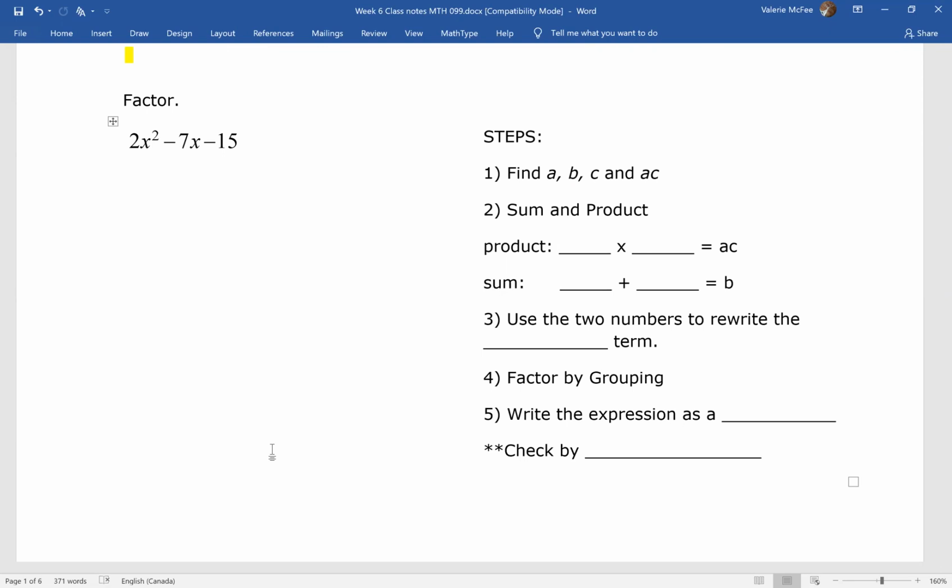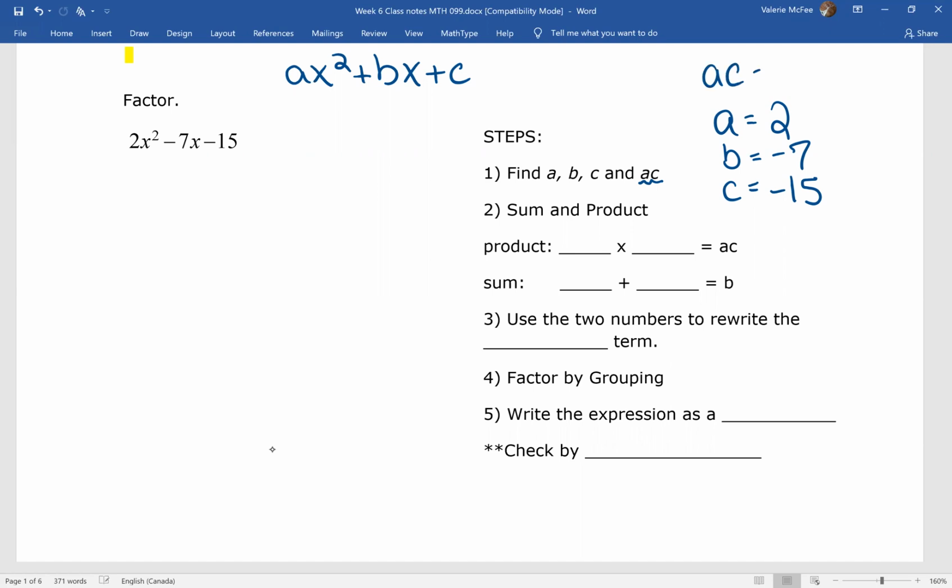So remember, this is in the form ax squared plus bx plus c. I see in my example, a equals 2, b equals negative 7, c equals negative 15, and a times c is negative 30. 2 times negative 15 is negative 30.